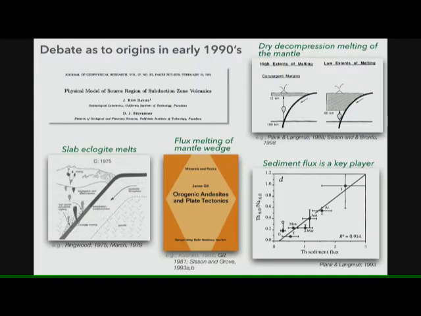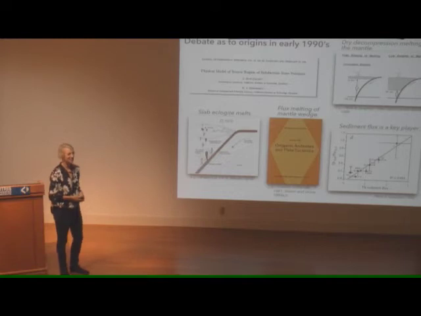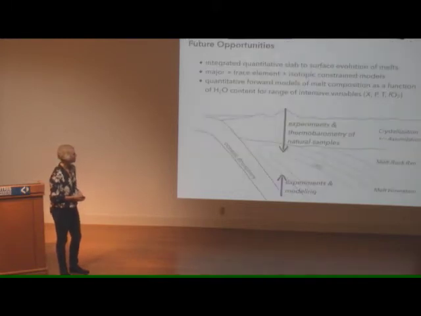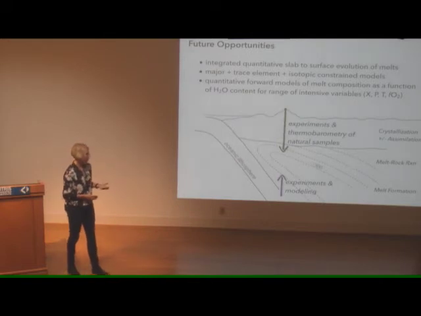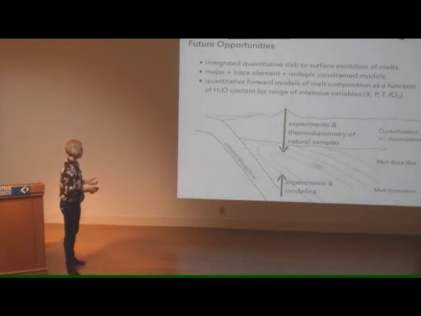I already talked about how, if we go back to this, I think the answer is that all of these things might be important, and not just one of them. So, opportunities: I've said a lot of this already. Future opportunities include integrating experiments and thermobarometry of natural samples, which are to the point where we can reconstruct where these things were the last time they were in the mantle.